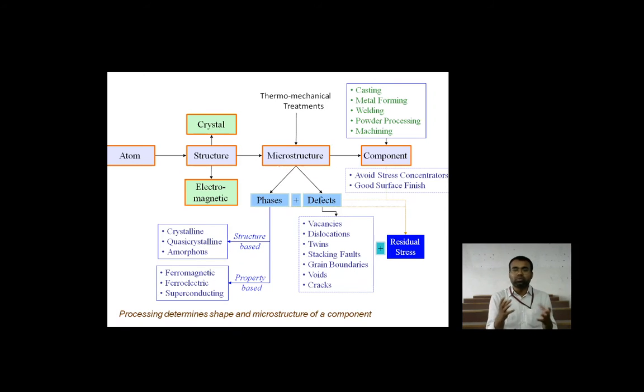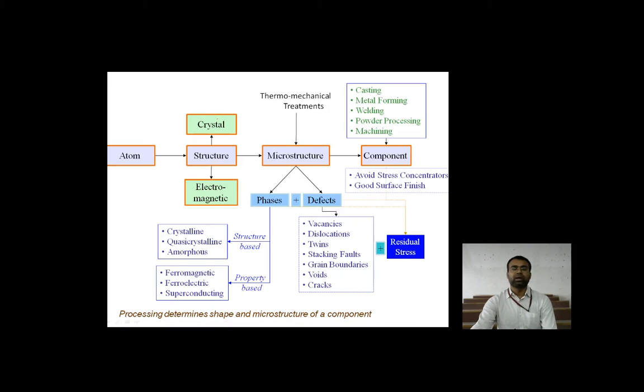That is how the atomic level and nucleus level structure is formed, and the properties of the component also change. In the machining process too, there are many operations which change the structure of the material. So, going back, we have the structure, the thermomechanical treatment, and the microstructure of that phase and defect.